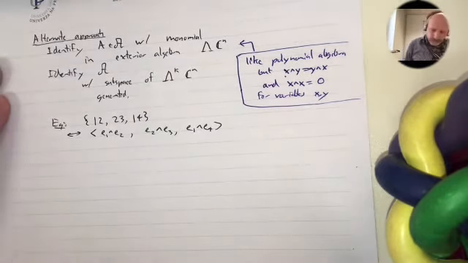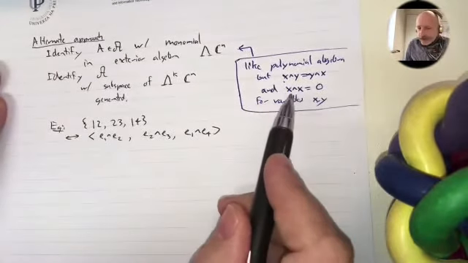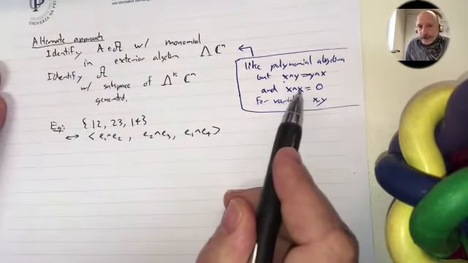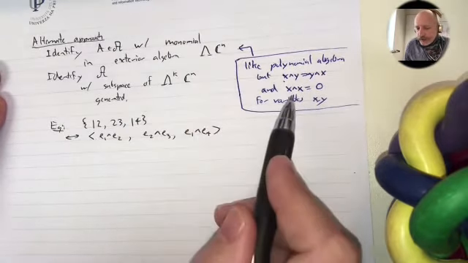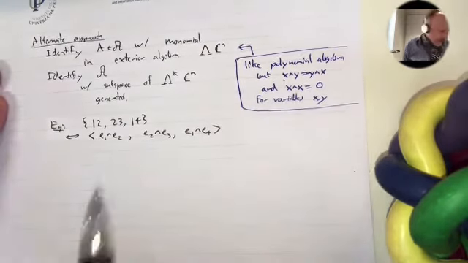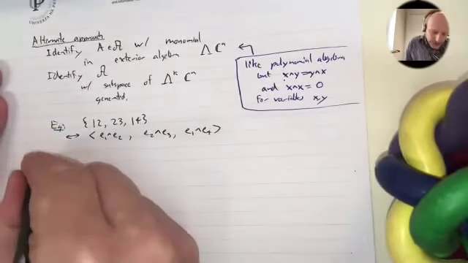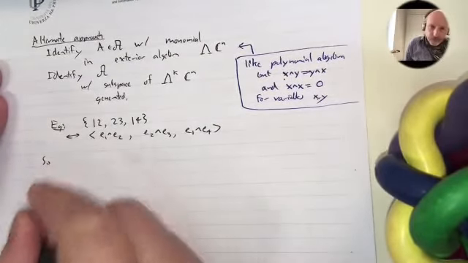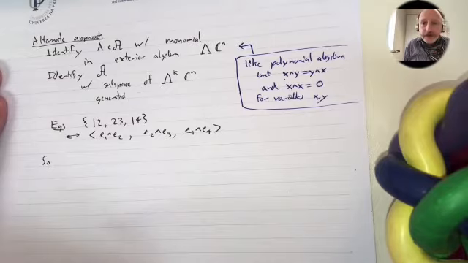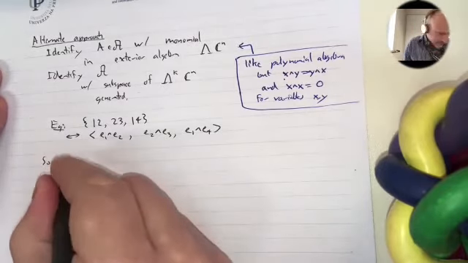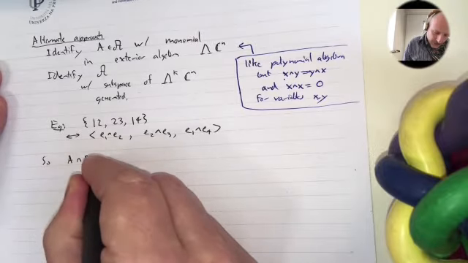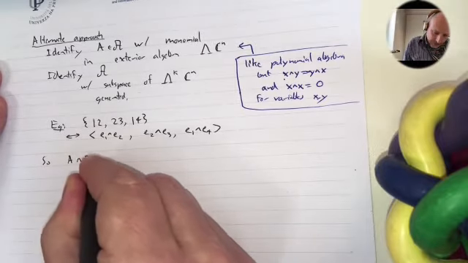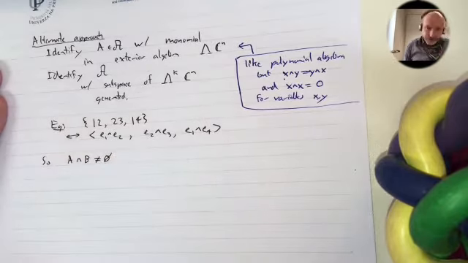Okay. So this property where the product of a variable or a vector in general with itself gives 0 is helpful for this intersecting property, because now A intersects B is non-empty.